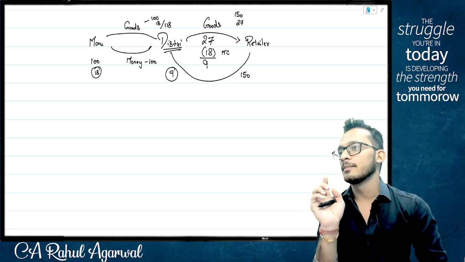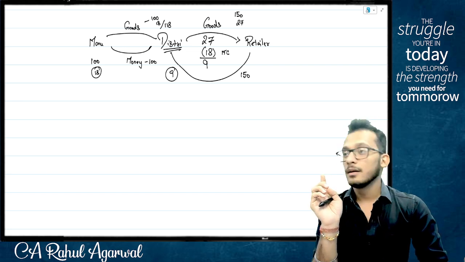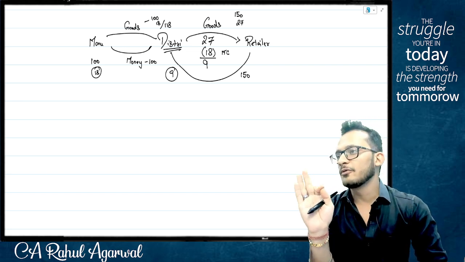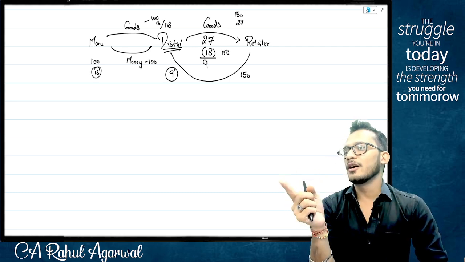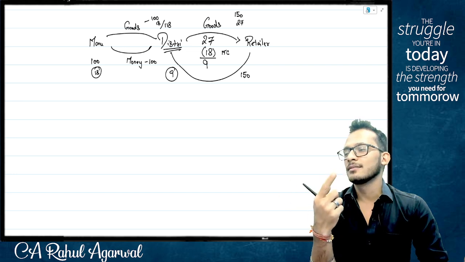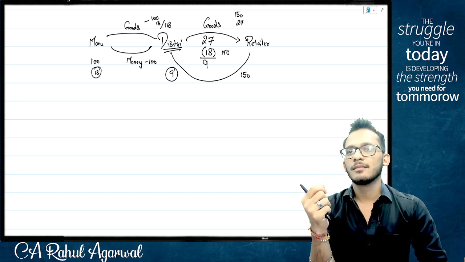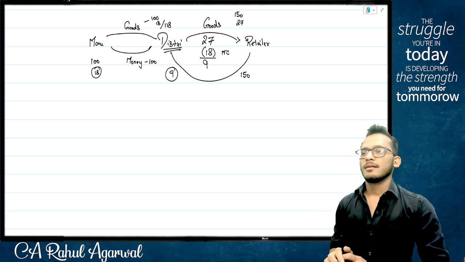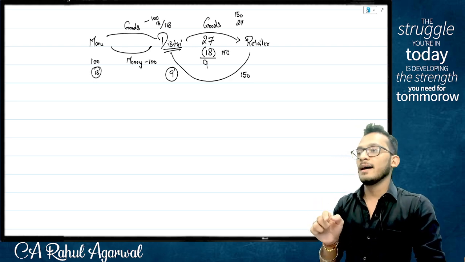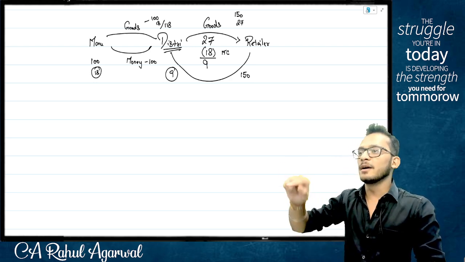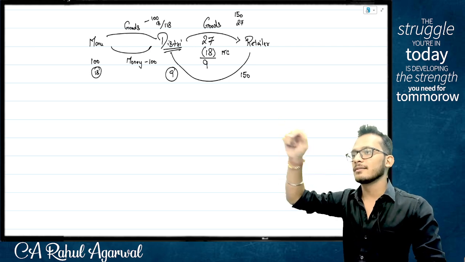How much did the distributor earn? The distributor earned 150, but he paid tax only on 50, which means he shifted his burden of 100 from the distributor to the manufacturer. How much was he supposed to pay tax on? 150, but he paid tax only on 50, because he shifted his burden of 100 from the distributor to the manufacturer.